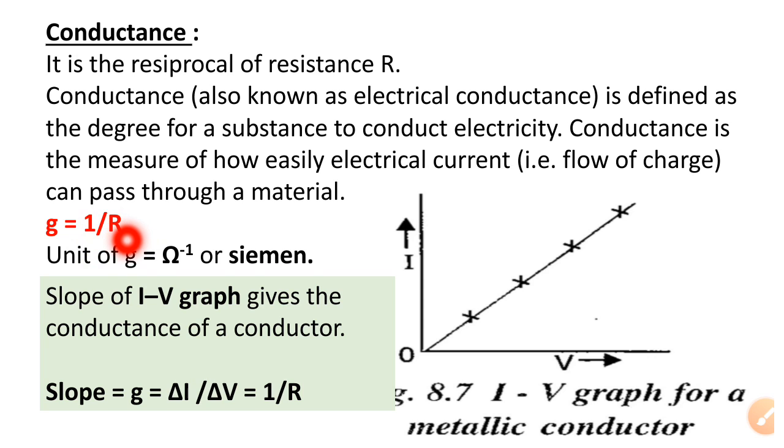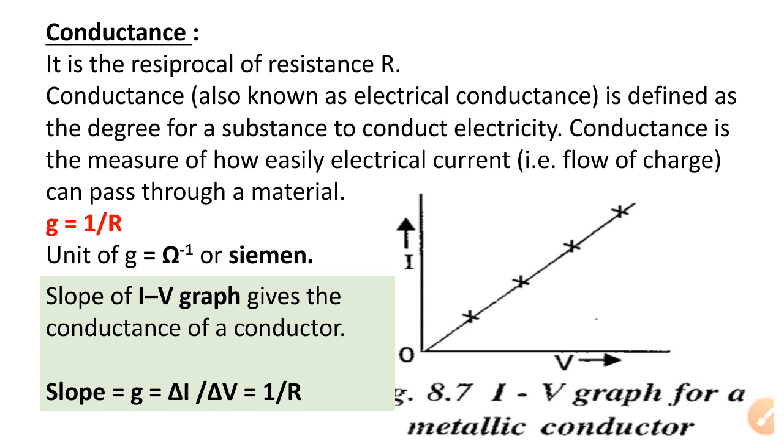So as R increases, that means the conductance decreases. It is 1 by R, so suppose R increases, then the value of conductance decreases.